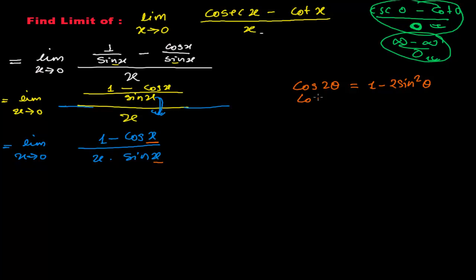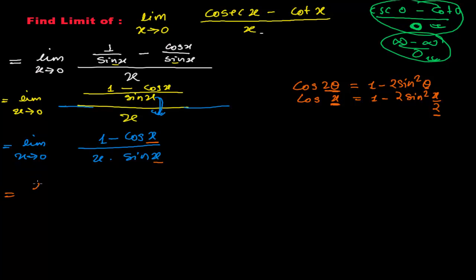If it is cos x, then I can write 1 minus 2 sine square x over 2. When there is double theta, there is single theta, and when there is x, there should be x by 2, which is half of x. You understand this, right? So the same thing I'm going to put here.